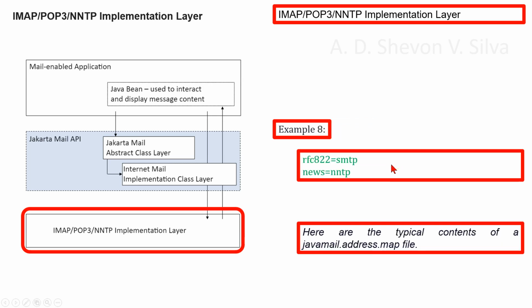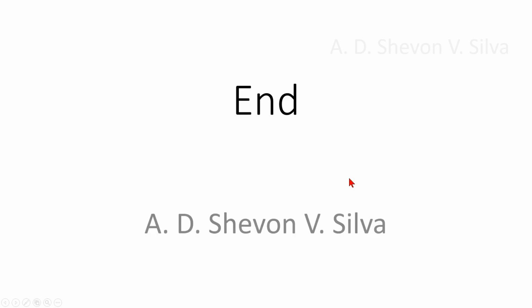As an example 8, we can consider this typical content of a javamail.address.map file. Here RFC822 equals SMTP and news equals NNTP. This is the end of my presentation. Thank you very much for watching it.